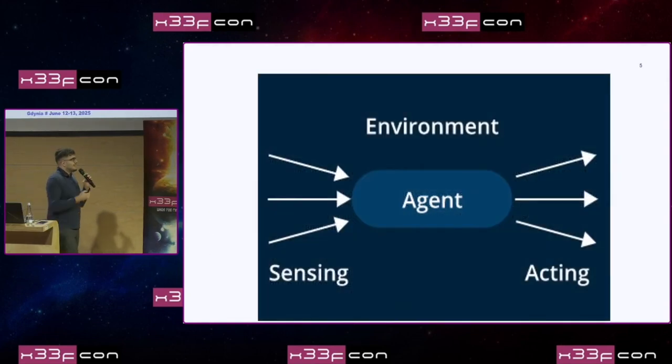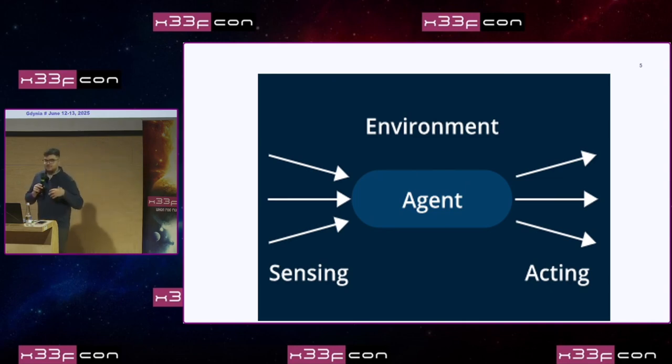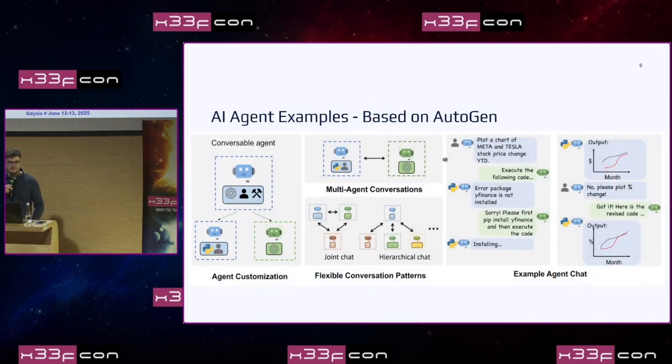This is an image that I think captures the essence of what it is to be an agent. You have sensors that sense your environment, which sometimes is the real world, sometimes it's not at all, sometimes your environment is just HTTP requests. You have your core as an agent, and then you have your outwards facing action capability.